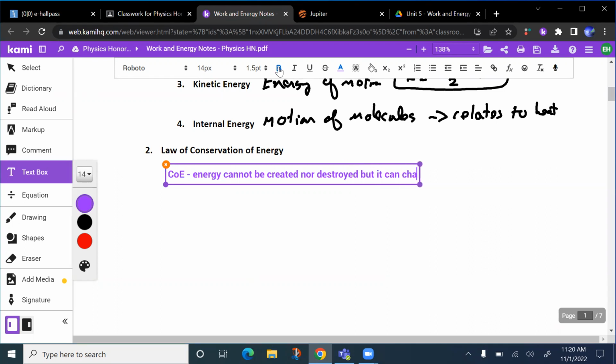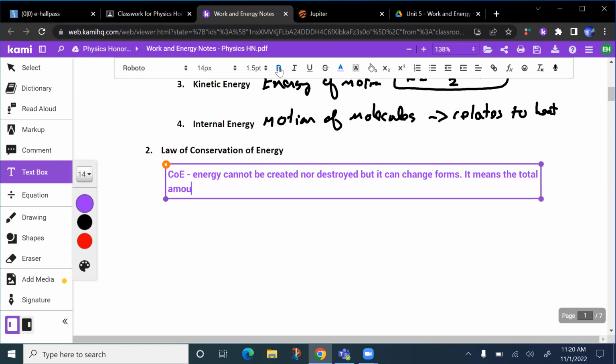But it can change forms. It means the total amount of energy remains constant.